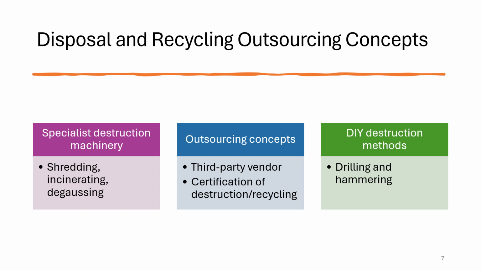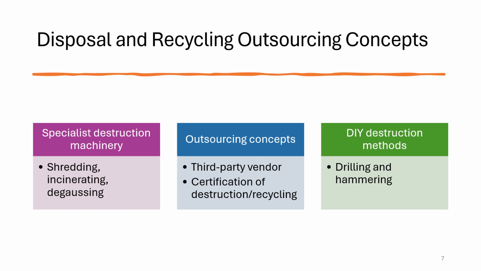Third-party vendor selection. When choosing a vendor, consider one, certifications. Look for certifications like R2, which is responsible recycling, or NAID, that ensure secure data destruction and environmentally responsible practices. And two, insurance.